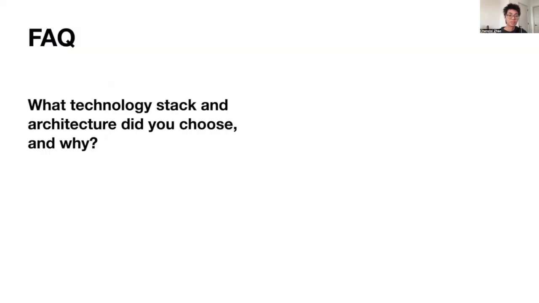And then these are the frequently asked questions. The first one is: what technology stack and architecture did you choose and why? We built the server in Java using a multithreaded server socket architecture with text streams, such as BufferedReader and PrintWriter.